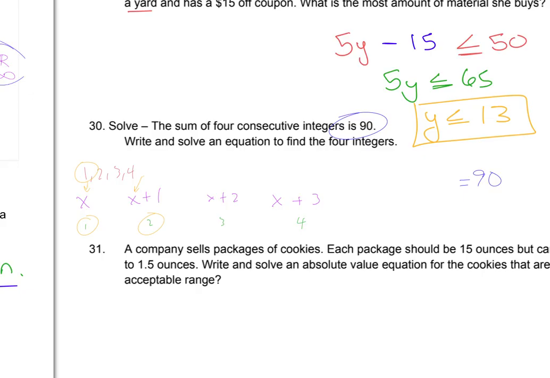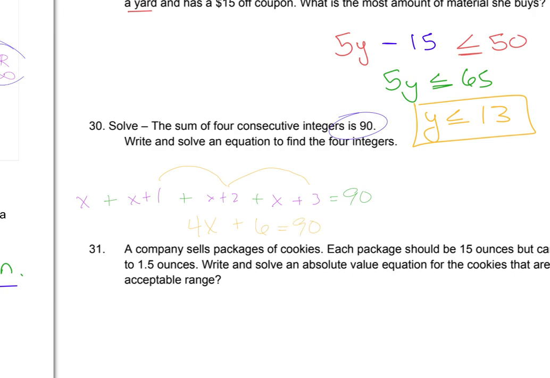So let's clean this up real quick and throw some other mathy symbols in there like this. That plus that plus that equals 90, okay? So x plus x plus x plus x is 4x. 1 plus 2 plus 3 is 6, and that equals 90.